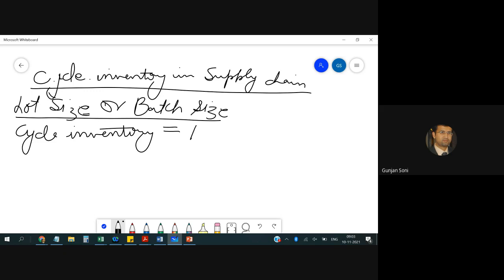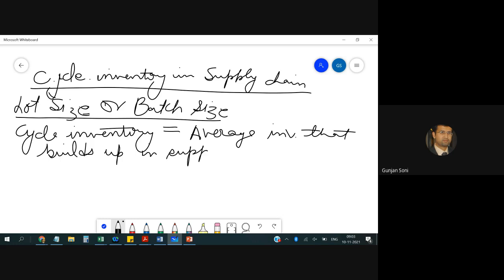It builds up because people purchase in lot sizes to exploit economies of scale, or they produce in some batch size so they can exploit the economies of scale again.